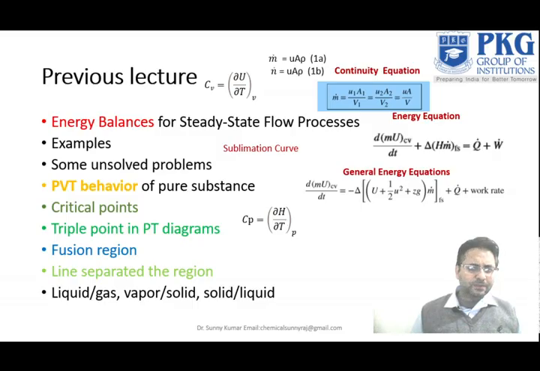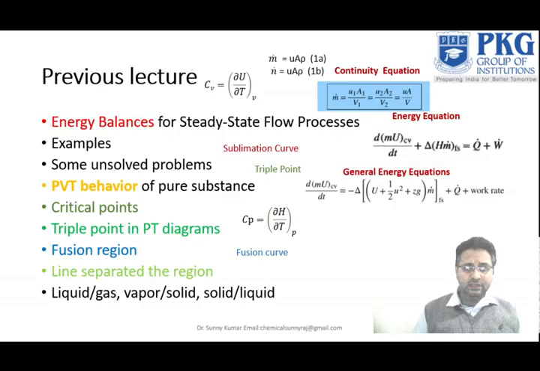So that is the sublimation point. This is the sublimation curve we have discussed, and the fusion curve. You have seen how liquid changes to the different states, vapor directly to gas, and supercritical.